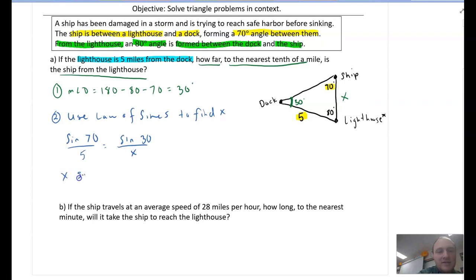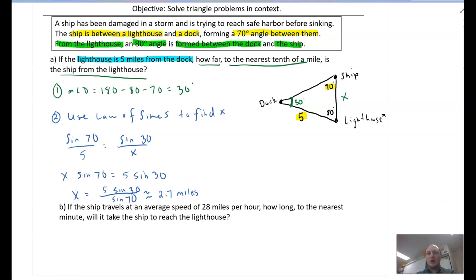So x sine 70 is equal to 5 sine 30, which means x is equal to 5 sine 30 over sine 70, which is approximately 2.7, and the units for our distance are miles.